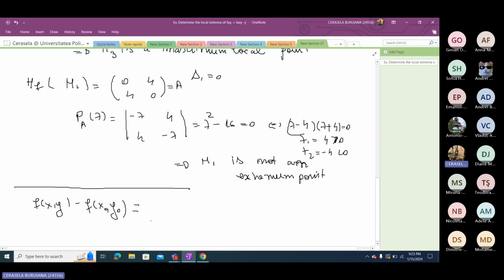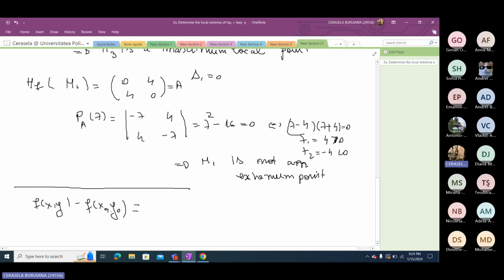I promise that I will work and try to find another exercise till next time. If I am lucky, I will find an exercise where indeed those two methods don't work. But as I said, what's the idea? We take a Taylor polynomial.